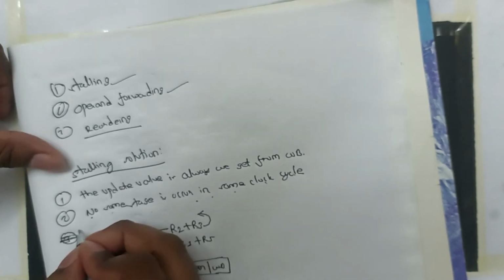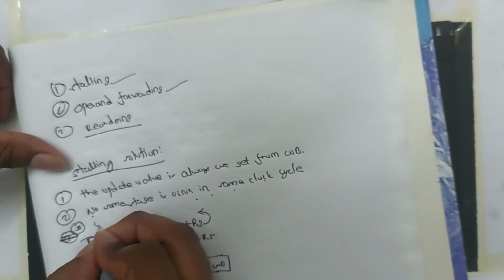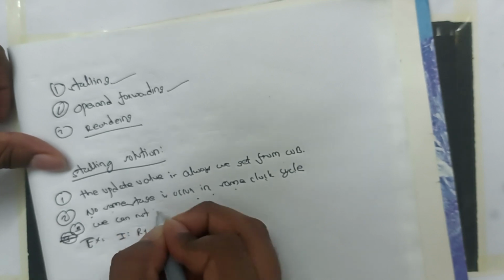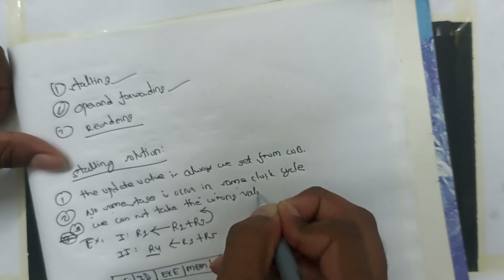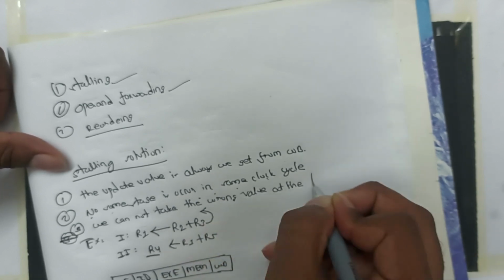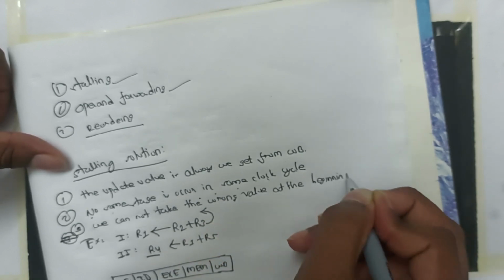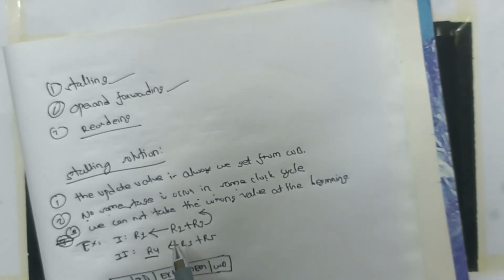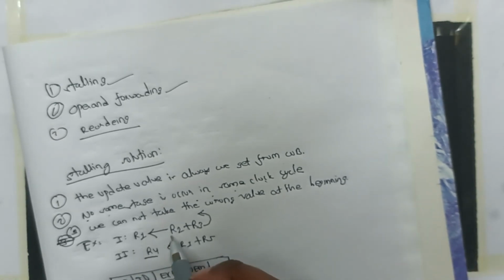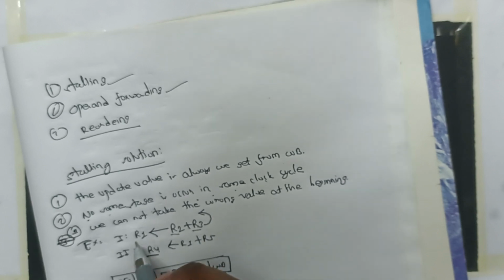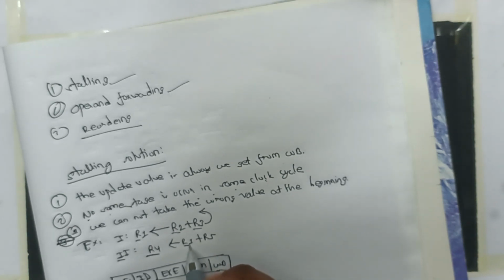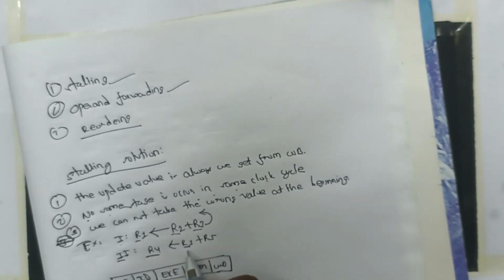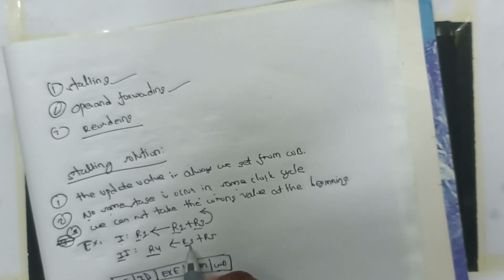And a third point is we cannot take the wrong value at the beginning. Here you can see that R2 is added with R3 and stored in R1, and when we do instruction 2, this R1 is not the previous value, this R1 is updated by instruction 1, so we cannot take the wrong R1 value.